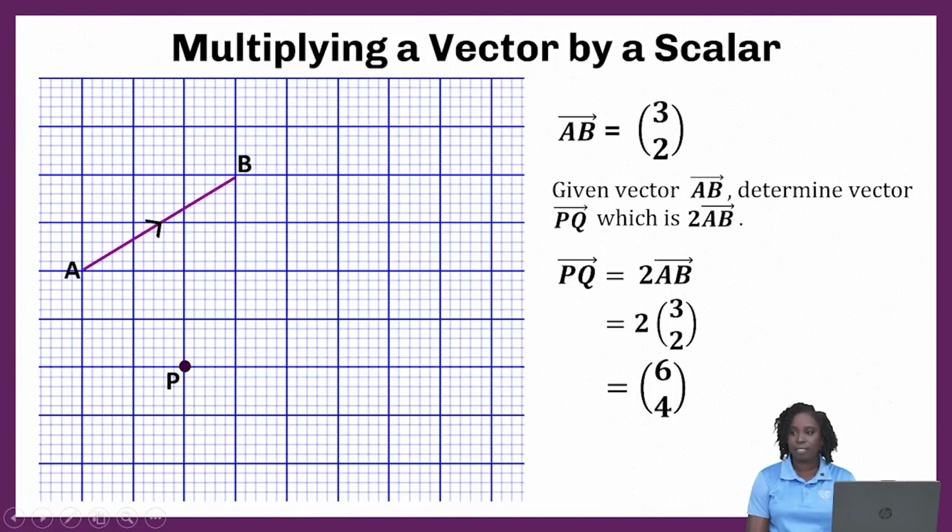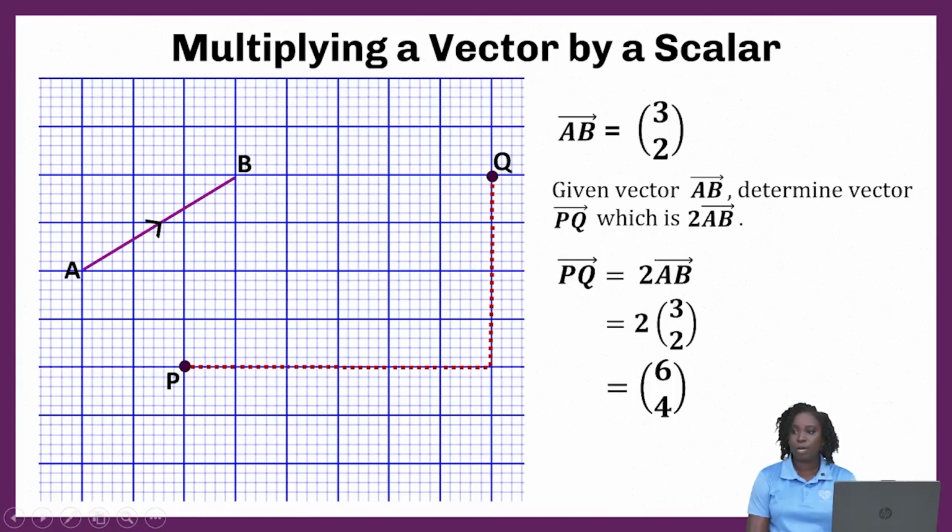So let's move to the right 6: 1, 2, 3, 4, 5, 6. Now we need to go up 4 places: 1, 2, 3, 4. And so that point there is where our Q is going to be located.